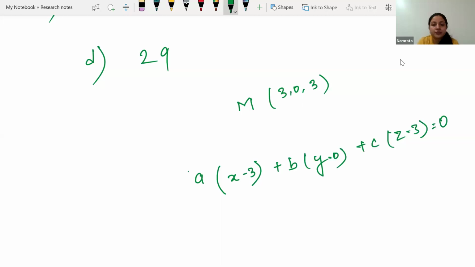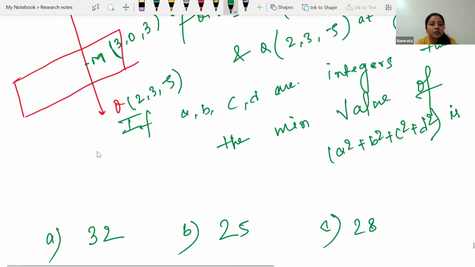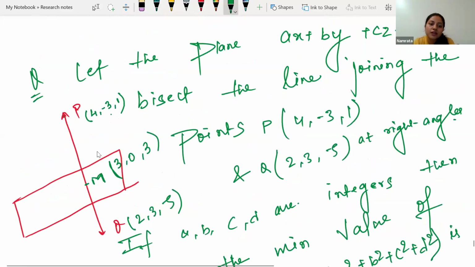Okay, these A, B, C are the direction ratios. Now it is written over here that PQ is at right angle. The direction ratio of PQ we can also find by doing x2 minus x1, y2 minus y1, z2 minus z1.